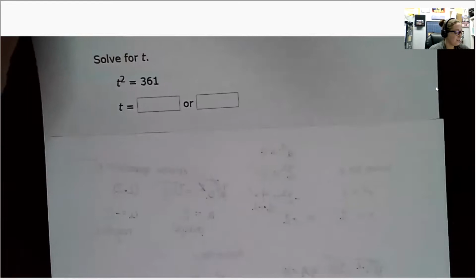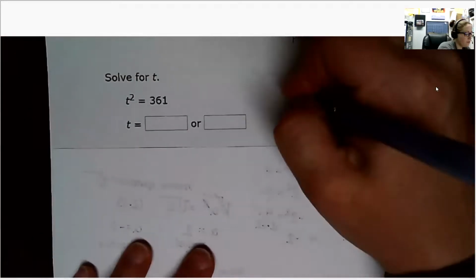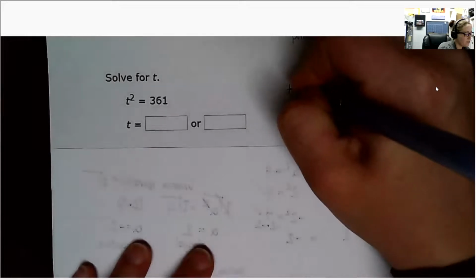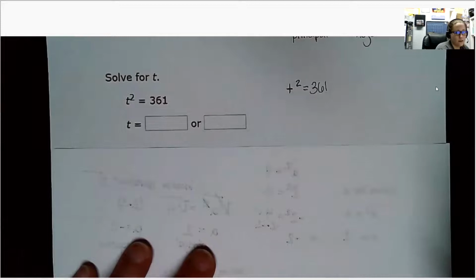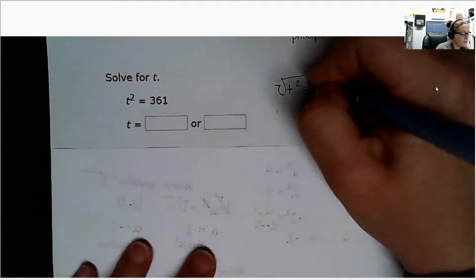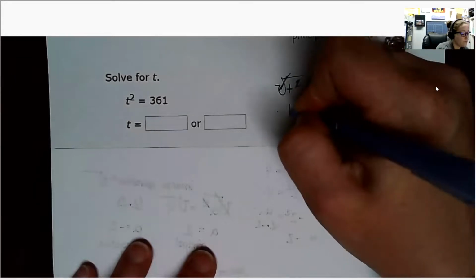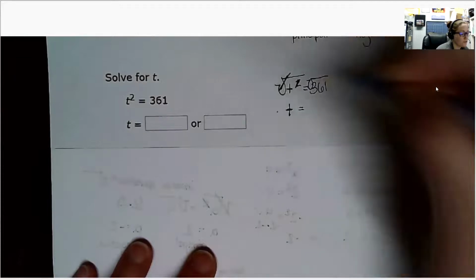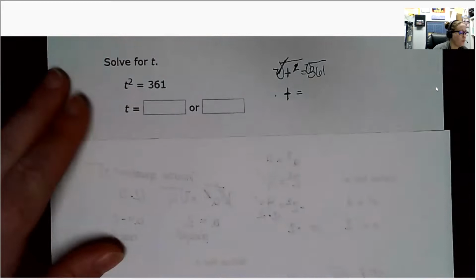All right. So this is a much bigger number. Okay. We're solving for t, but we're going to do the same thing. So t squared is equal to 361. When we find the square root of t, we find the square root of the other side as well, but this is going to cancel for us, leaving us with t is equal to, and now we have to figure out what is the square root of 361.